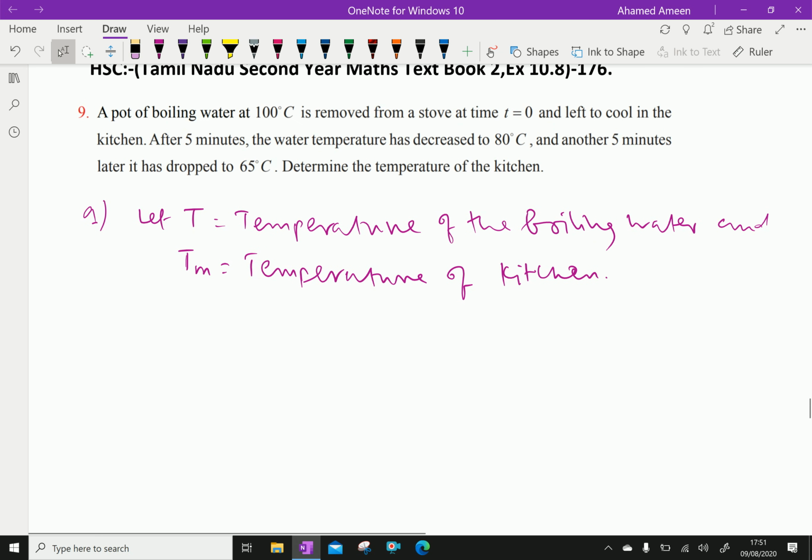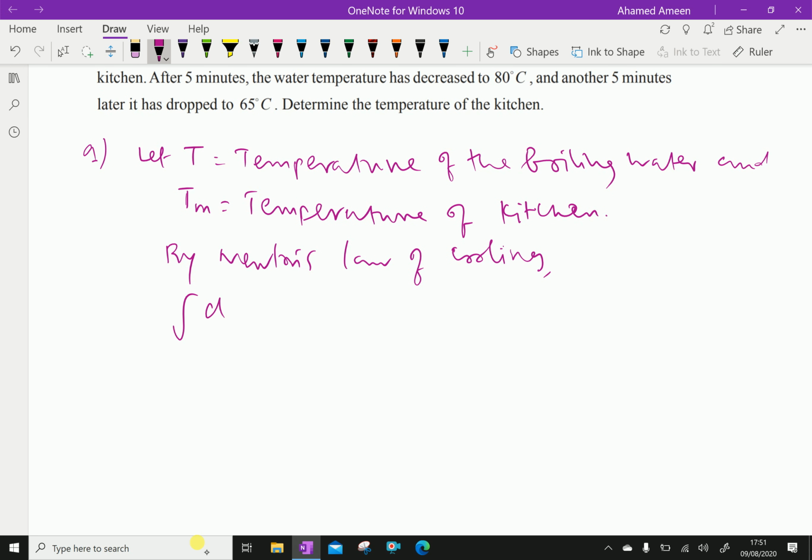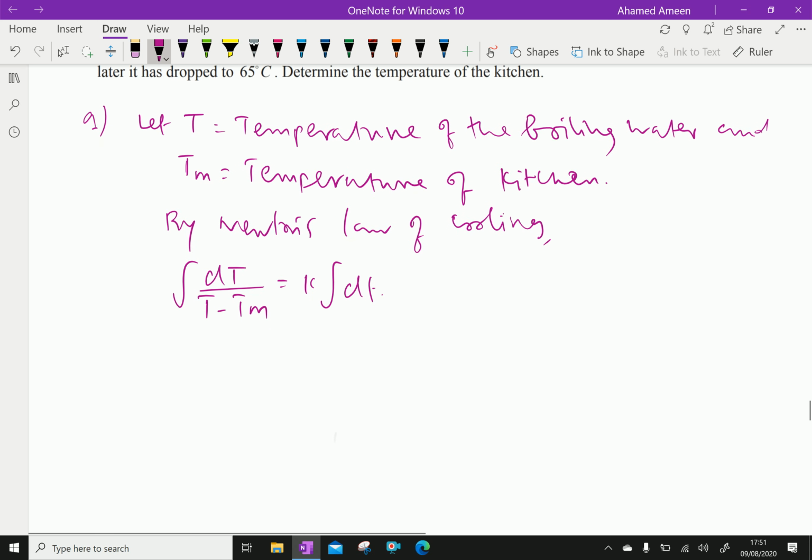Now, by Newton's law of cooling, you can write integral dt over T minus Tm equal k integral dt.